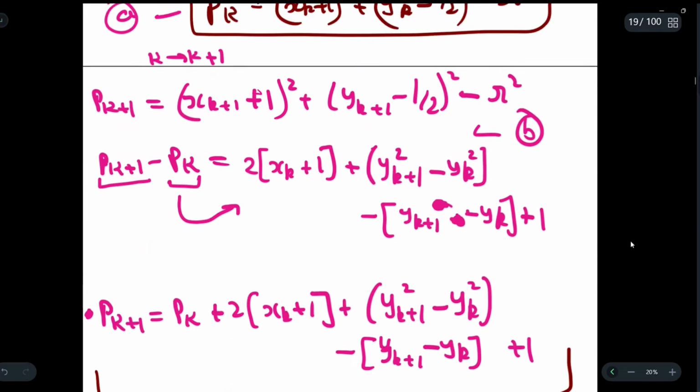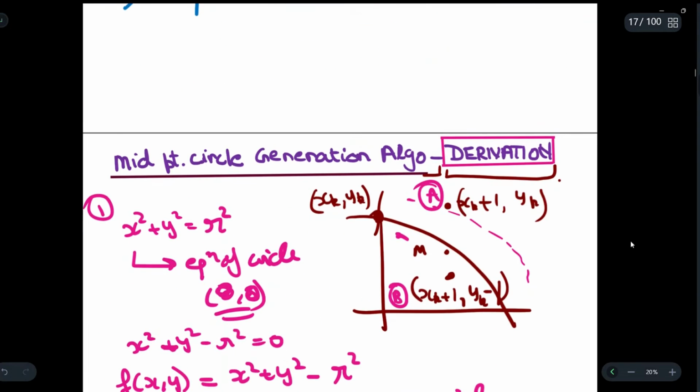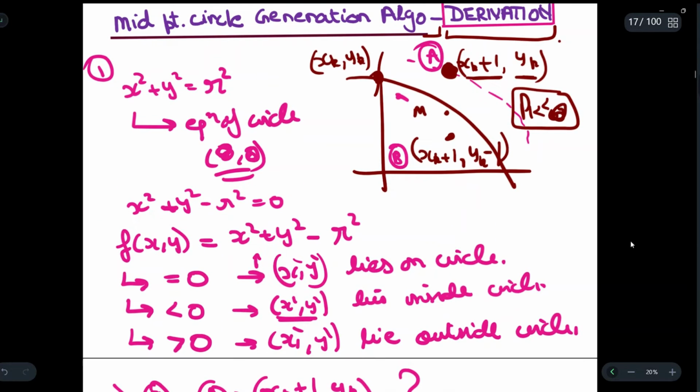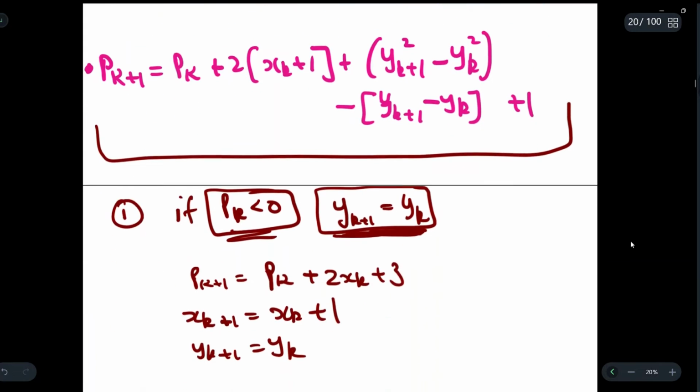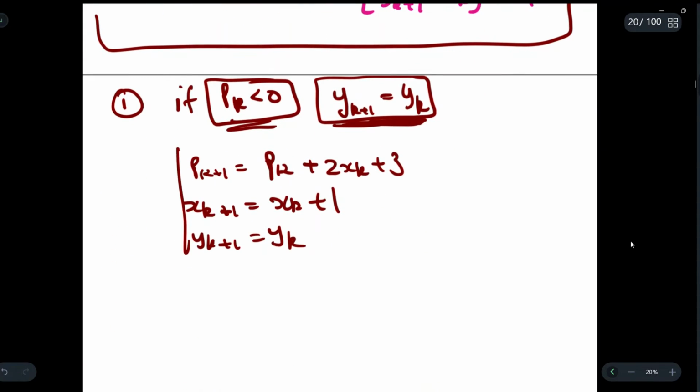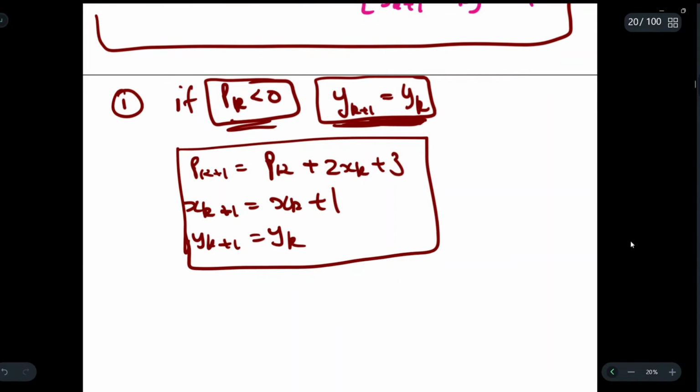That is, let us see over here. So we will be considering this point. Whenever pk is less than 0, we will be taking the point A, that is outside the circle, which is xk plus 1 comma yk, and this is point B. So this is the first case that we have considered. These three formulas you have to learn, that is whenever the value of pk is less than 0.